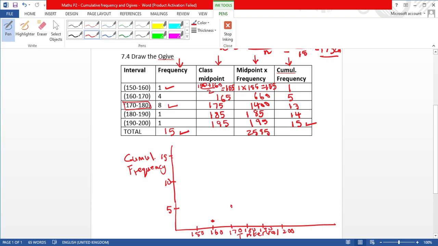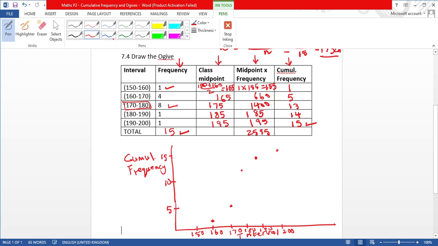It's easy when you're plotting this on the exercise book. You're able to use a ruler to ensure that your values are aligned with the x-axis and y-axis. So the next value for this particular interval is 13. So 13 is about there, between 10 and 15. And then the next value is 14 that you're gonna plot just below 15. So 14 is there. Then finally you're gonna have 15.